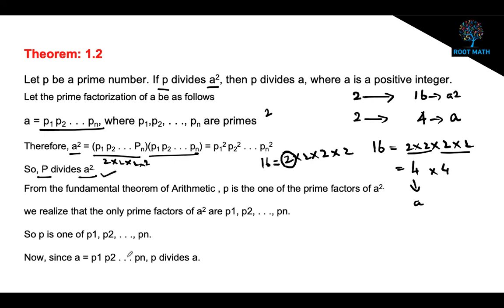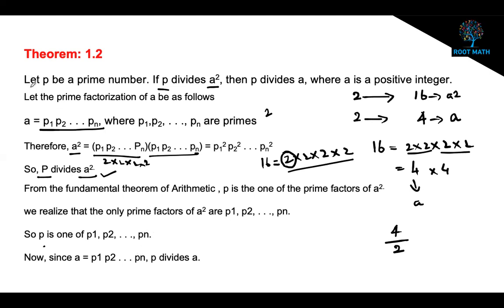That is what is written over here. Since 16 is divisible by 2, P is one of these factors, so definitely P divides A also. So A is our 4. So definitely A can be divisible by the prime number 2. This is only for the understanding.